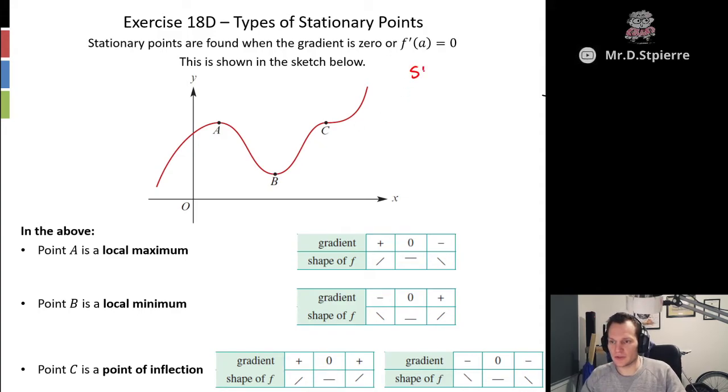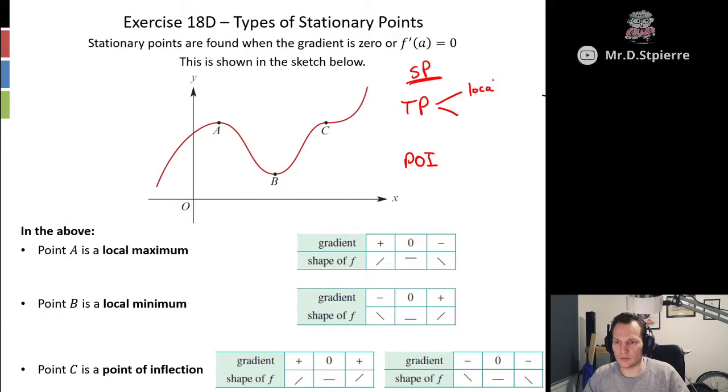Within our stationary points, we have two main types. We have turning points, TP, and then we have points of inflection. Within turning points, we have our local max and our local mins. And within points of inflection, we could say we have a positive and a negative point of inflection.